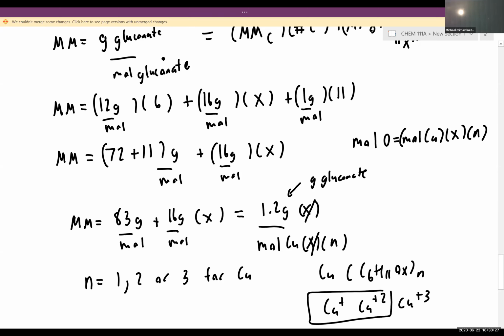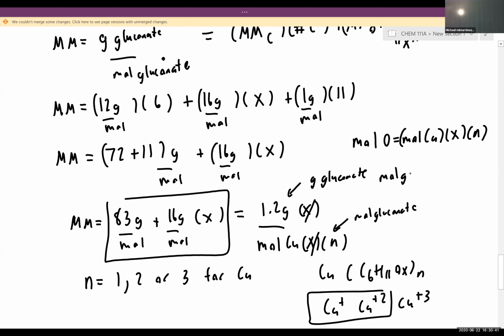Okay. This expression for our molar mass is also equal to the grams of gluconate over the moles of gluconate. And we know that the moles of gluconate are equal to the moles of copper times N. Why?